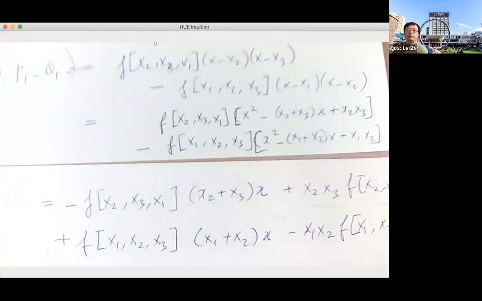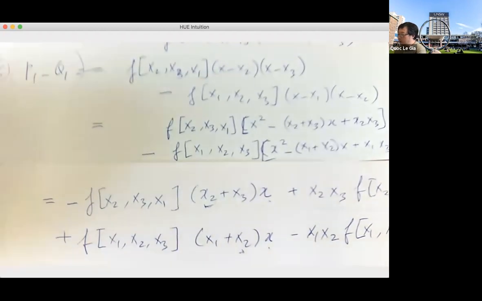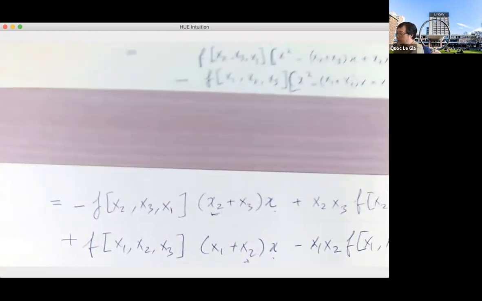And so now one more cancellation. You see x2 here and x here, so this term will get cancelled, and then you can rewrite it in a nicer way.